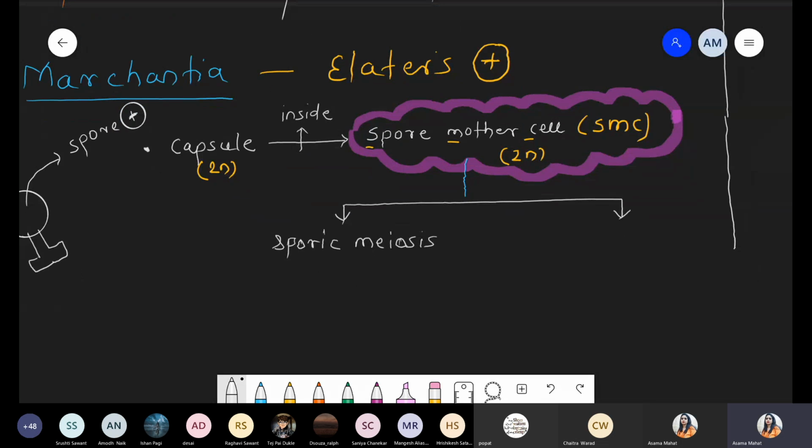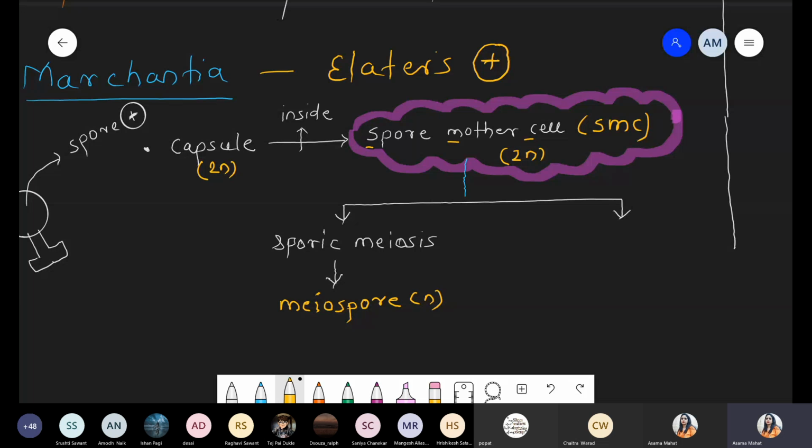After this process, there is a formation of typical spores, called meiospores, which are haploid in nature because meiosis is a reductional division and after it we obtain the haploid spore.